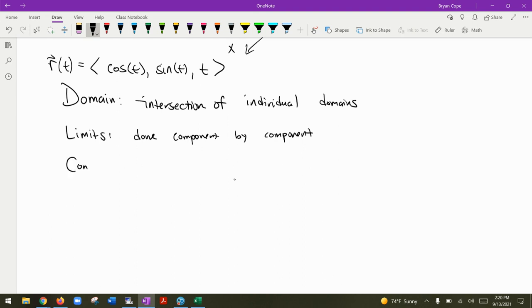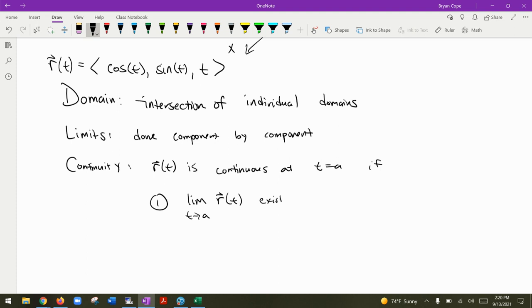We could talk about continuity. With continuity, remember, it follows conditions like this. R of t is continuous at some value t equals a if two things happen. One, the limit as t goes to a of R of t exists.